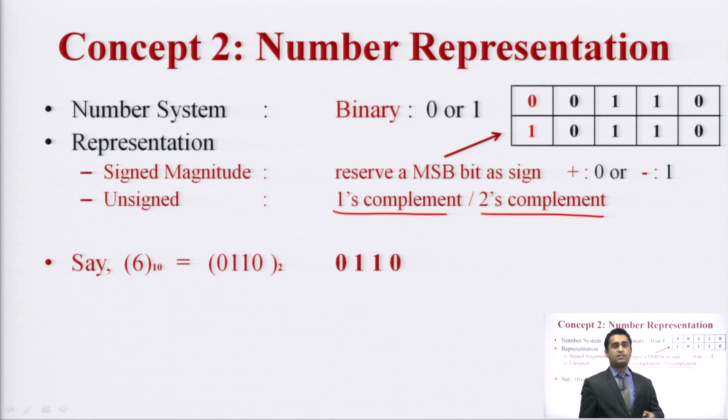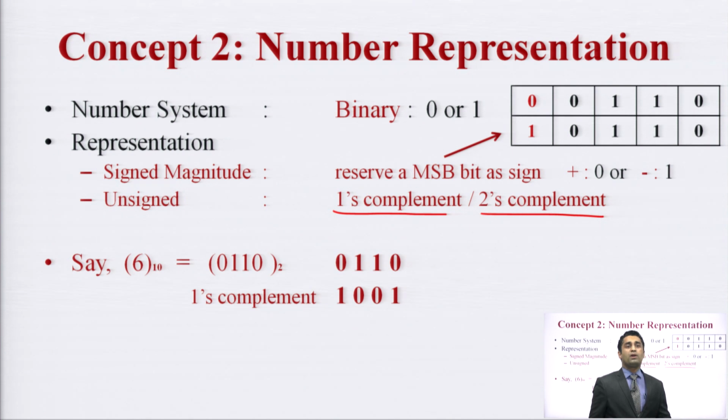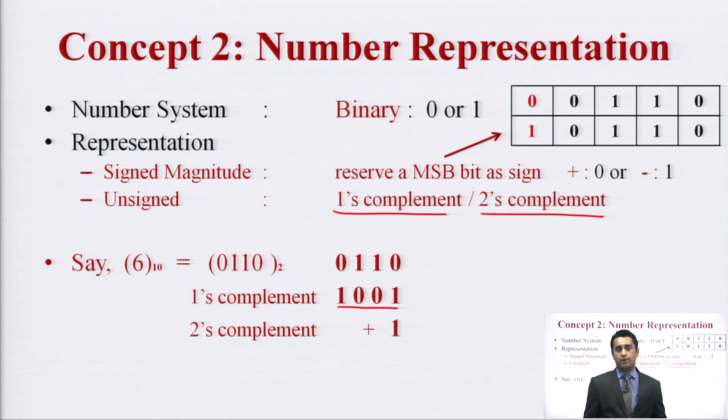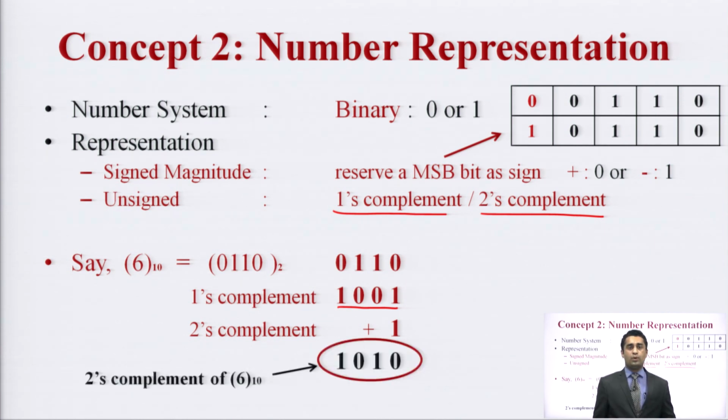Say there is an example where we are converting a decimal 6 to binary, and we are seeing the 1's complement for it. 1's complement means we are inverting bitwise, that is NOT, and seeing this value. For 2's complement, we are adding 1 to the 1's complement and we get this result, which is the 2's complement representation of 6.